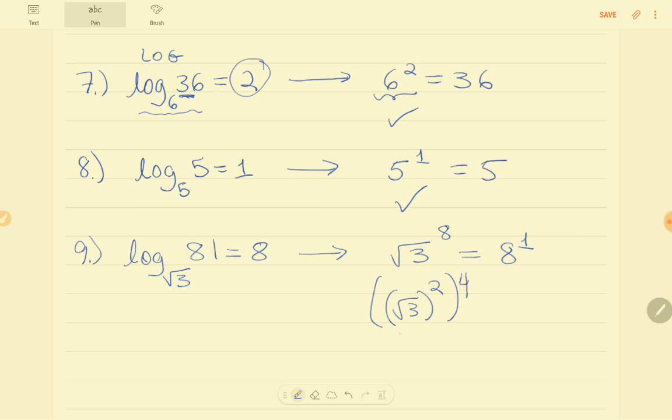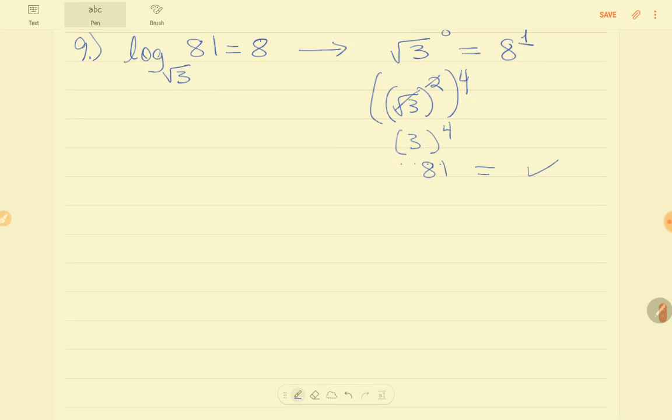So in here now you have the power of the square root cancels with the power of 2, and then you still have 4 on the outside. So that's 3 times 3 is 9. So 3 times 3 times 3 times 3 would be 81. Okay, so these are easier to check than writing them the other way around. We're more familiar with exponents, so it's easy to check it, make sense of it in your own mind.